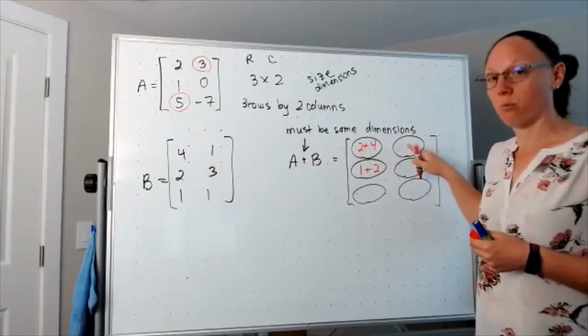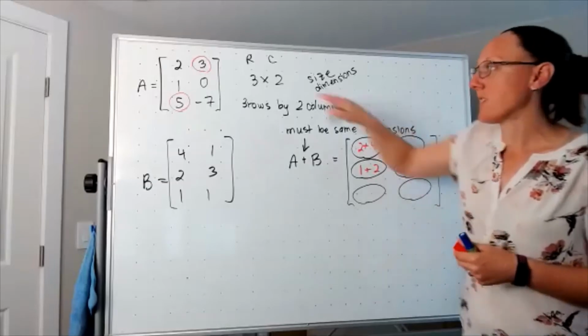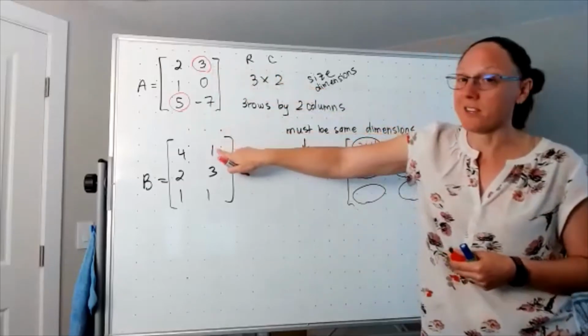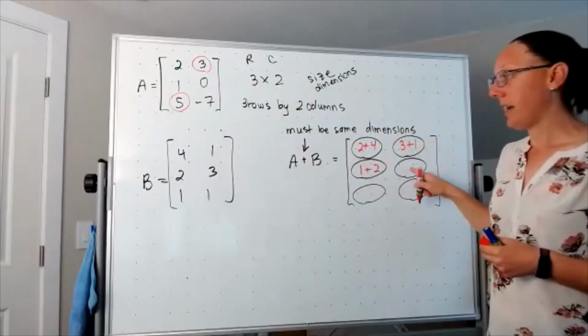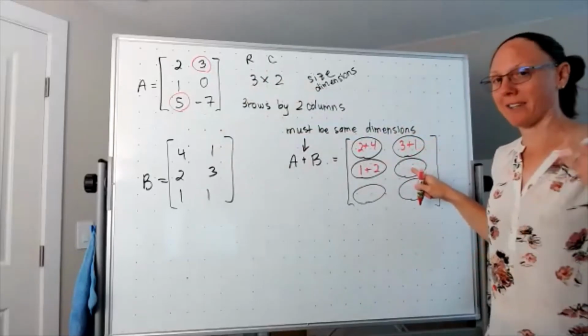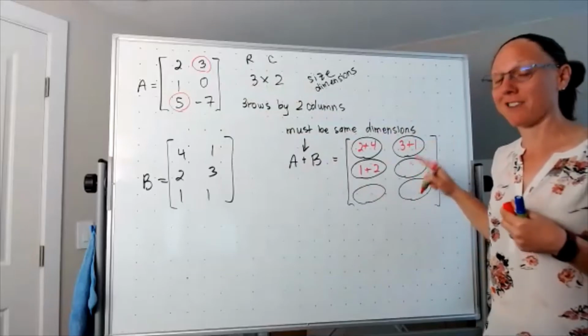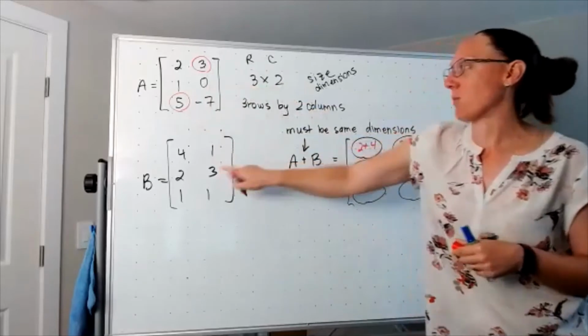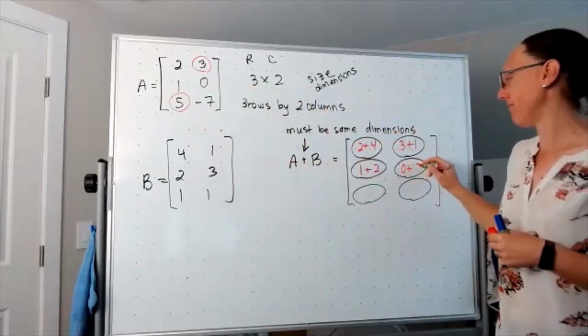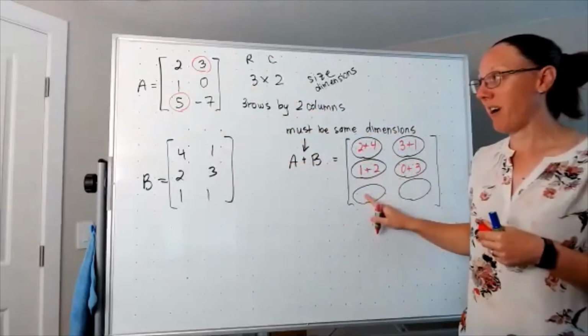Here, I'm in row 1, column 2. So I take row 1, column 2, plus row 1, column 2. Here, I'm just practicing the rows and columns vocabulary. So I'm in row 2, column 2. So row 2, column 2 plus row 2, column 2. Row 3, column 1.